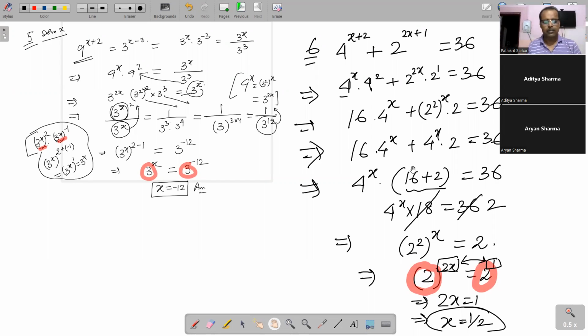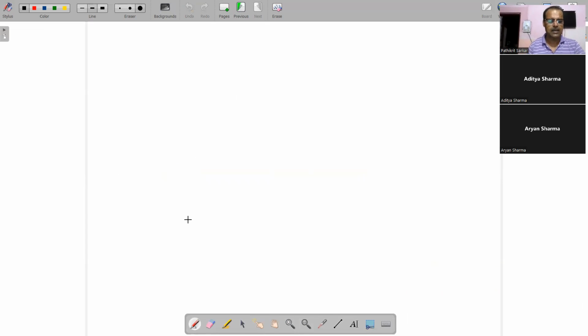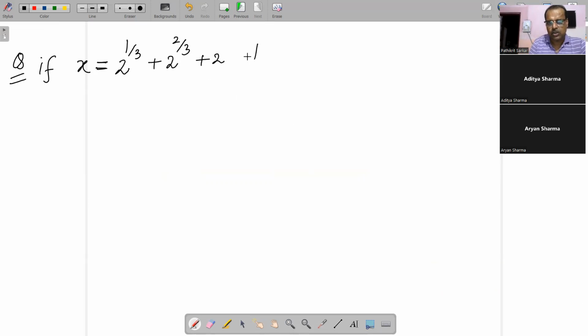Now let us solve a somewhat FIITJEE-type, tricky problem of indices. How, sir? A problem is given in the question number. Sir, it is given that if x is equal to 2 to the power 1/3 plus 2 to the power 2/3 plus 2, then show that x cube minus 6x square plus 6x minus 2 is equal to 0.